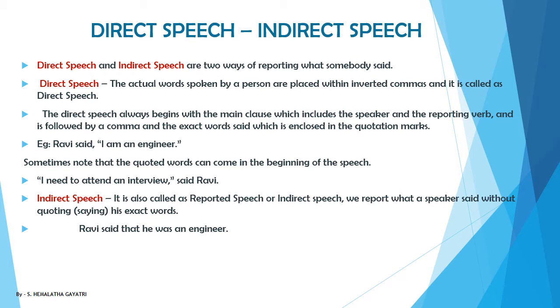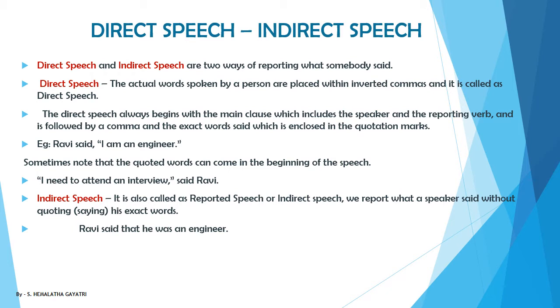The same example, Ravi said, "I am an engineer." We are changing that into indirect speech. So "Ravi said" will be the same in both the places. After removing the comma, we are placing a connector, that. So "I am an engineer." It is Ravi who is an engineer. So I am saying that he was an engineer.